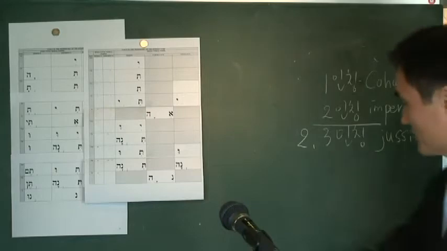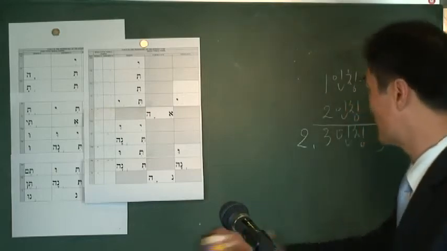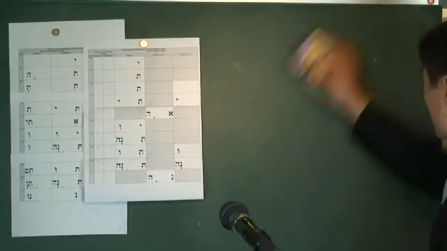Now let's see how the imperative forms are made.